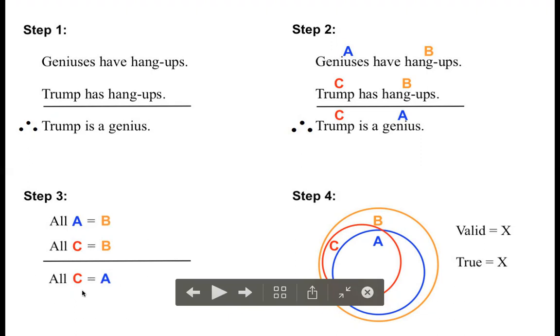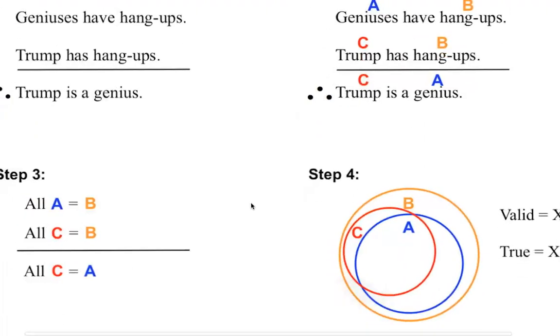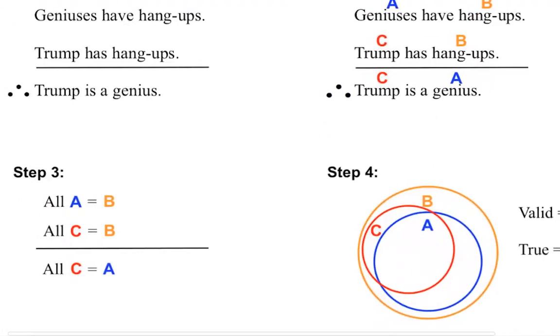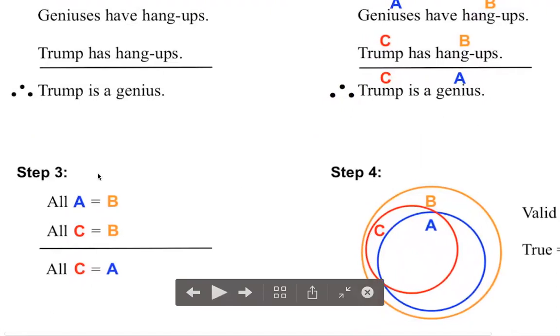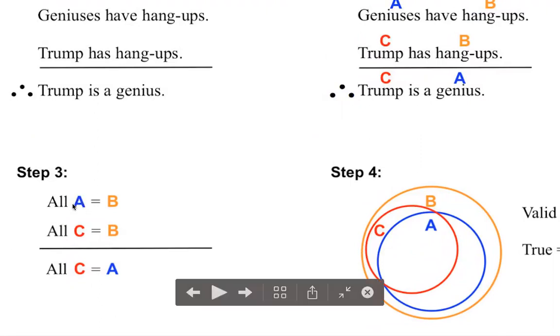Okay, so we've done step 3, we've termed it. How do you then show the first one, all A equals B, just like we did with the Socrates and mortality one? How do we show that all of A, the blue, belongs to or is part of B?